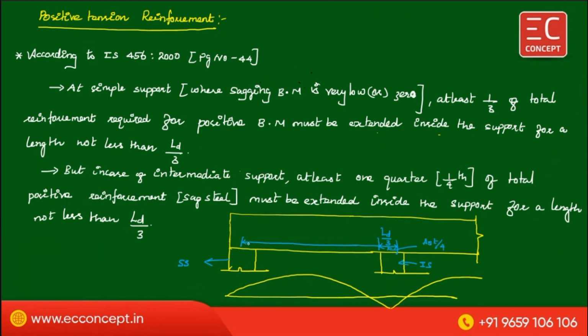Here you have to extend for a length of LD, and this value is AST divided by 3. For a simply supported end, you have to extend LD divided by 3 distance by a minimum amount of AST by 3. In the intermediate support, you extend for a distance of LD by 3 by an amount of AST by 4. Okay.